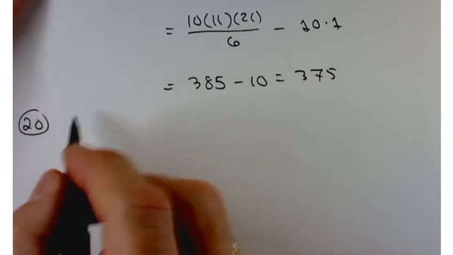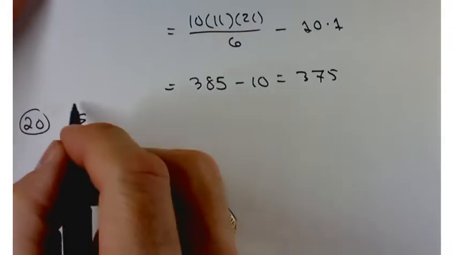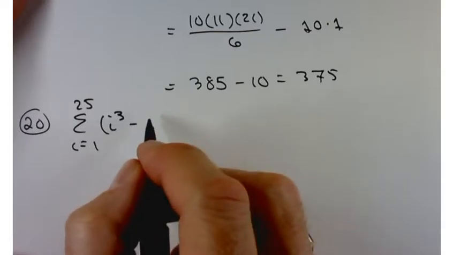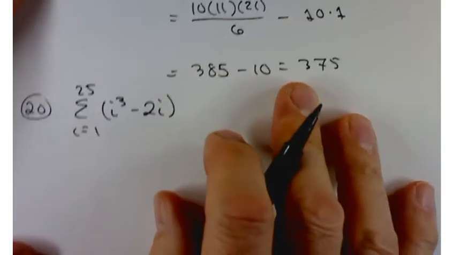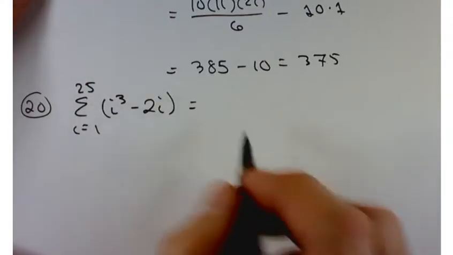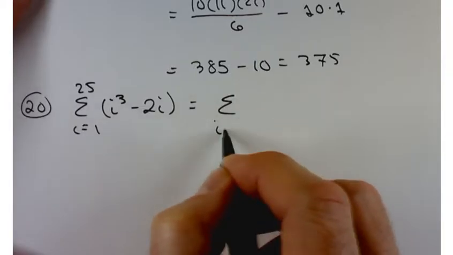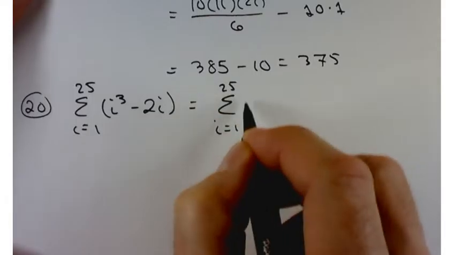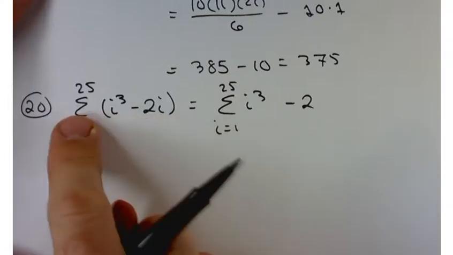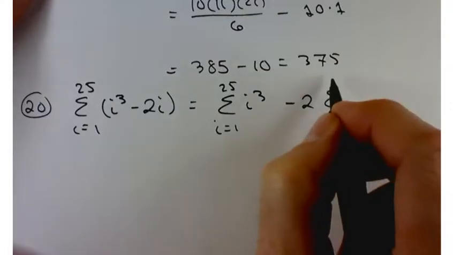So the sum, and here's at least a little bit more of a meaningful number, from 1 to 25 of i cubed minus 2i. As with all of these, I would suggest you start by rewriting it, break it up a little bit. That's going to be the sum from i equals 1 to 25 of i cubed minus, I'm going to factor out the 2 outside the summation, 2 times the sum from i equals 1 to 25 of i.